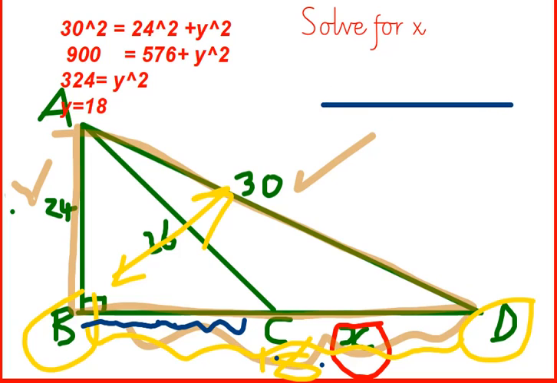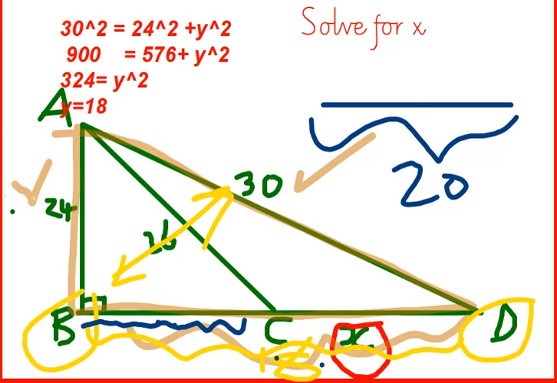So let's say we have a line, and I've just told you that the distance from there to there is 20. And I tell you that, but that line is cut, and this side of the line is 15. What is this side? This side is x.